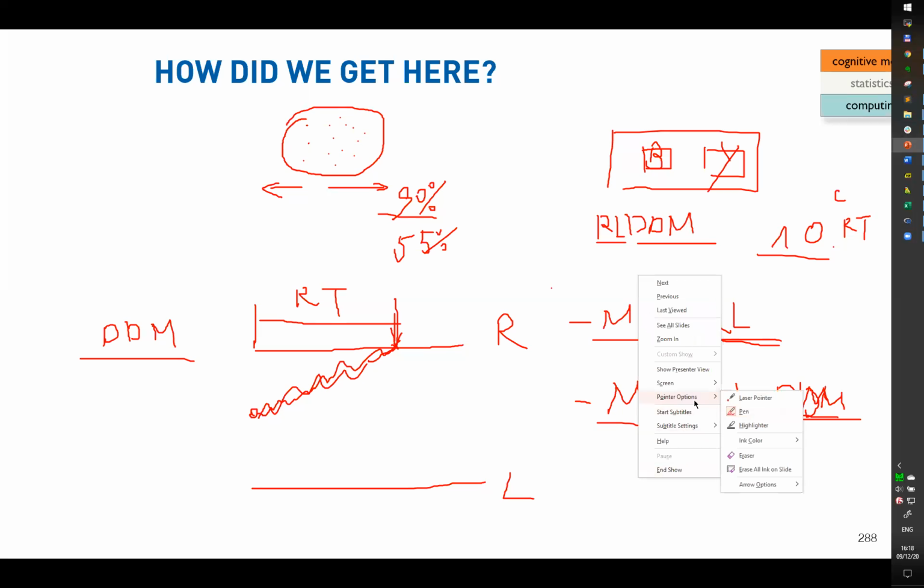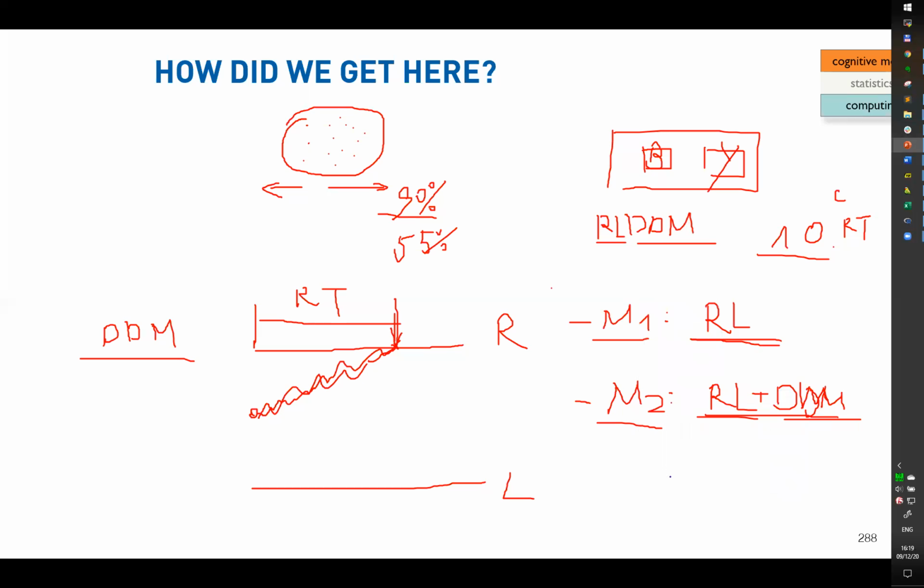So remember what I said a few minutes ago. I said if we want to compare the models, say we have models 1, 2, 3, the only prerequisite for them to be compared against each other is that they are trying to explain the same data. So think about these two models.